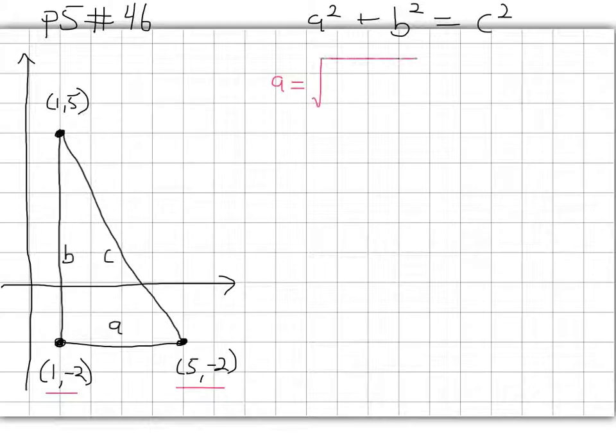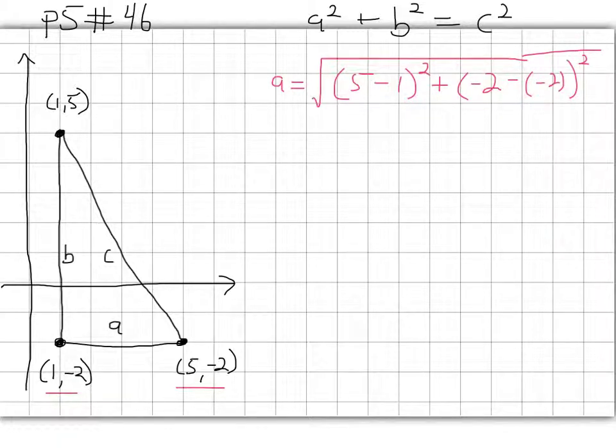So we're going to take the square root of x2, which is 5, minus x1, which is 1, squared, plus the second point in the y, which is -2, minus the first point in the y, which is also -2, squared.